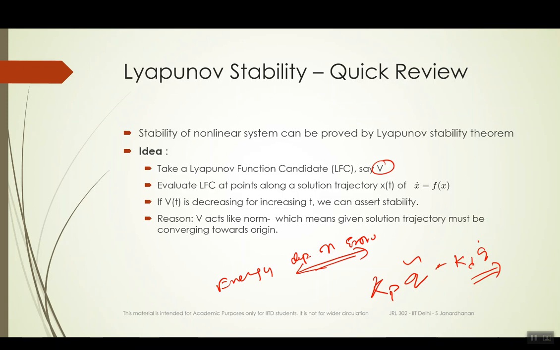So V of t decreasing for increasing t will assert that there is stability. V acts like an energy, or it acts like a norm, and the norm decreasing, the value of V decreasing, would mean that the error is decreasing.